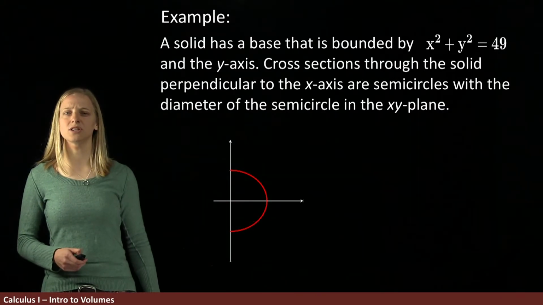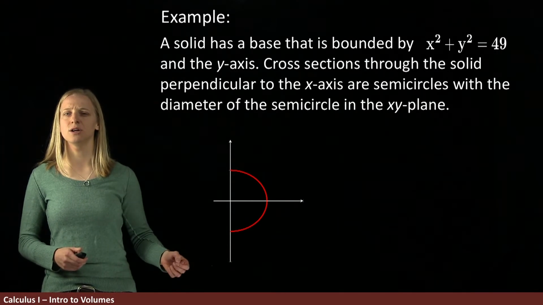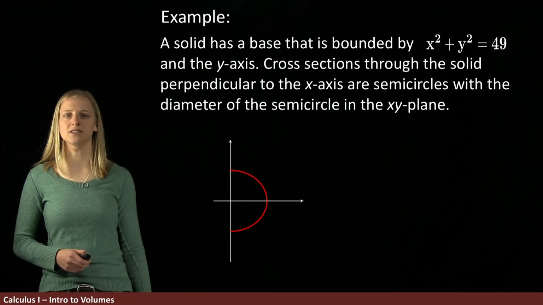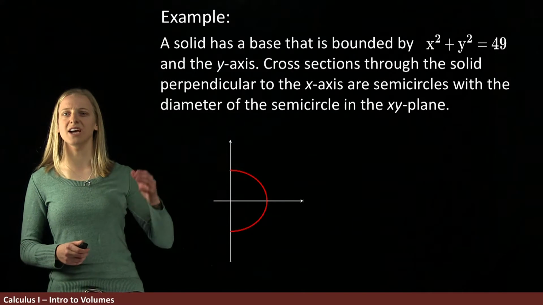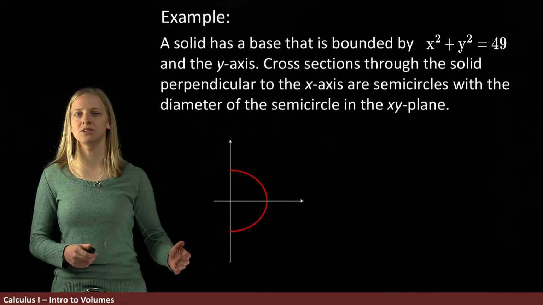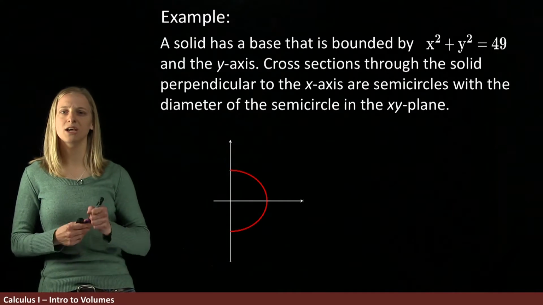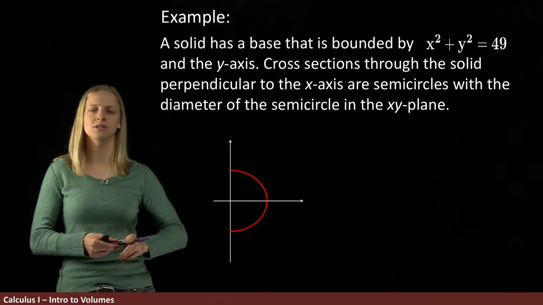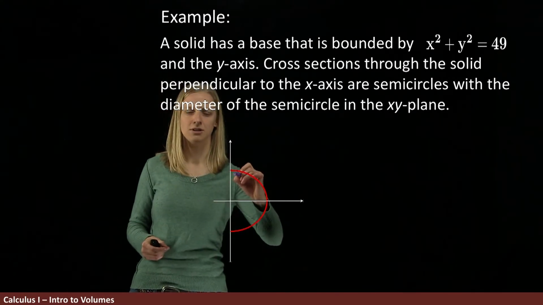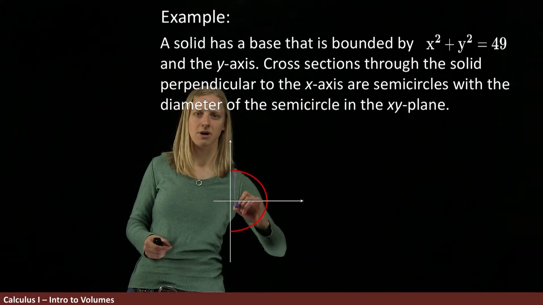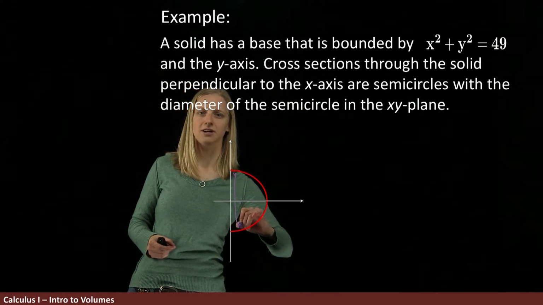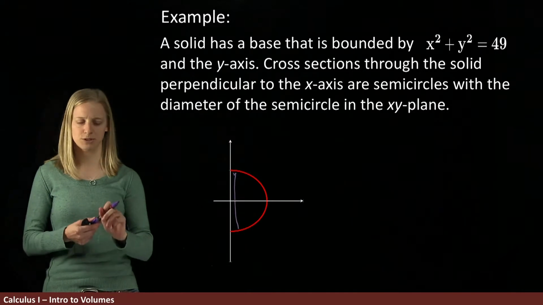It goes on and says the cross sections through the solid perpendicular to the x-axis are semicircles with the diameter of the semicircle in the xy plane. That diameter of that semicircle is going to go from the top all the way to the bottom. So that right there is an example of a diameter.